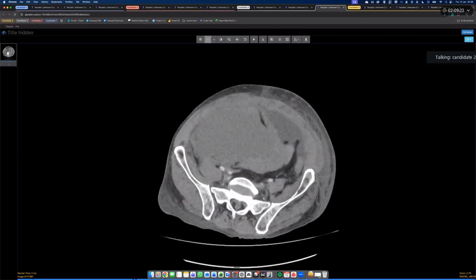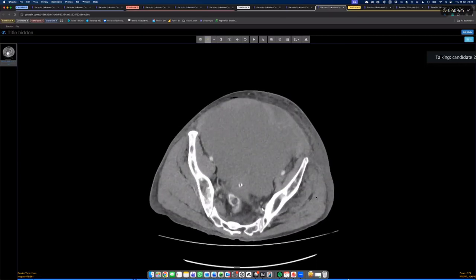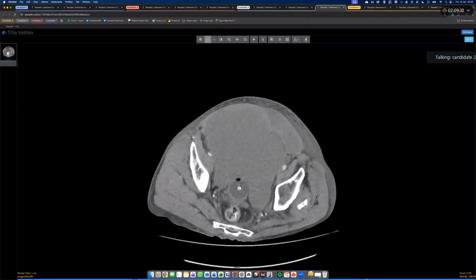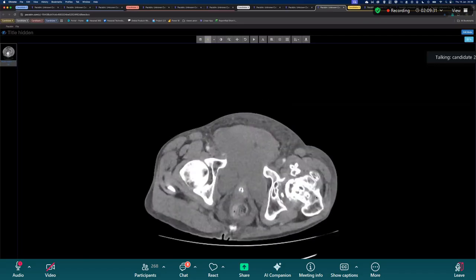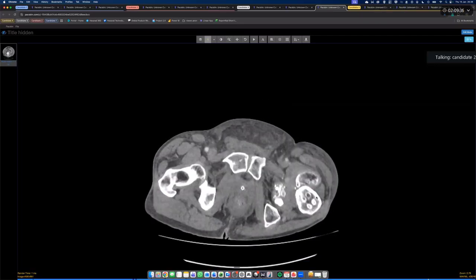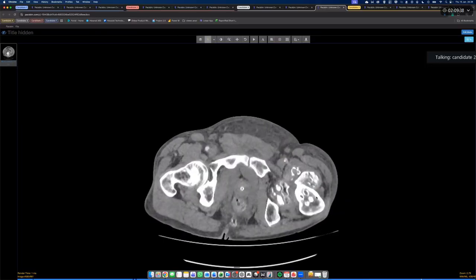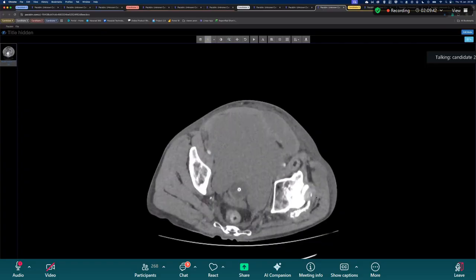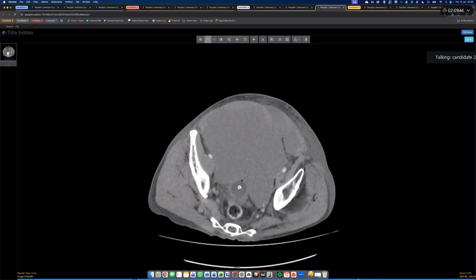So in the pelvis also, I can appreciate a dense level of ascites. This can represent a hematocrit level. Since the patient has also presented with rapidly dropping HB, I'll be highly concerned for this part to be representing a hemoperitoneum.